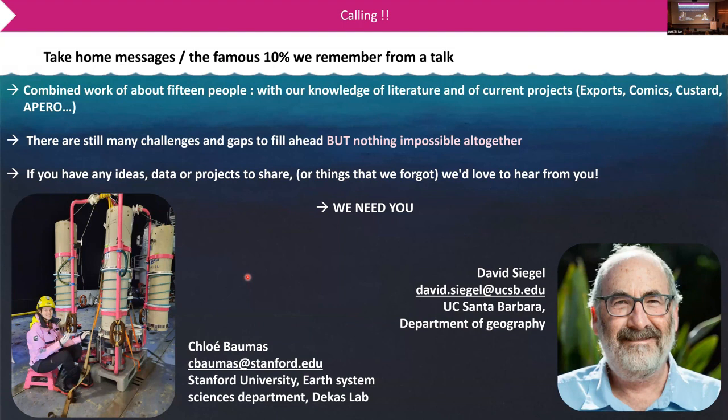So yeah, if there are some cruises which calculate the very same fluxes at the same time point, we can try to understand the difference between them. That would be a good first step, I guess.